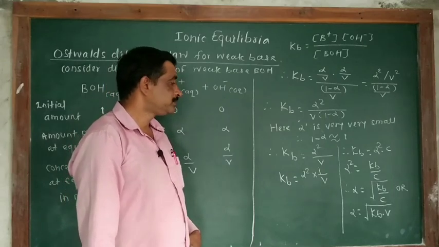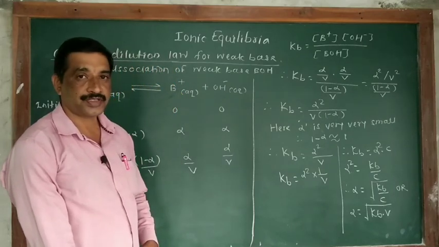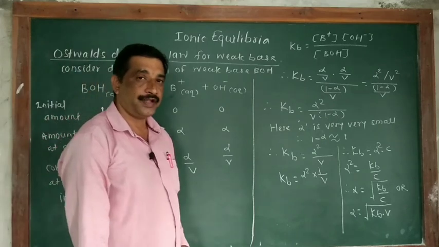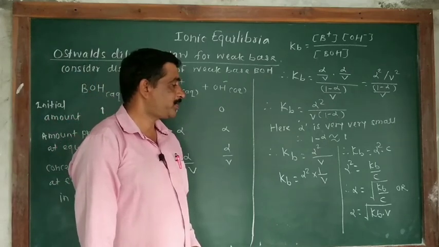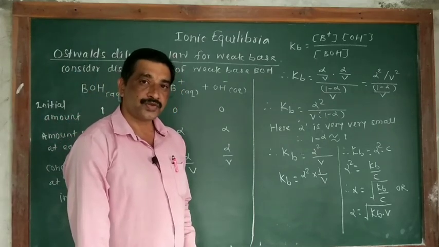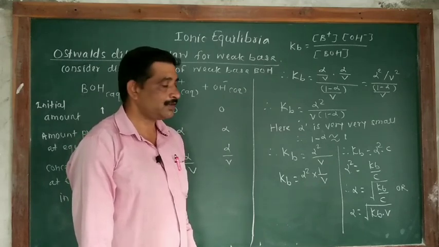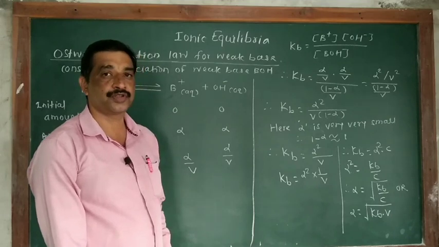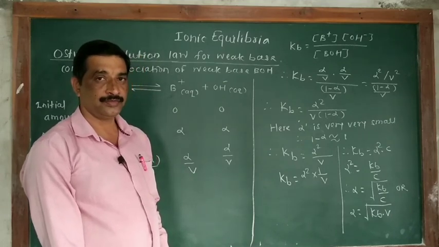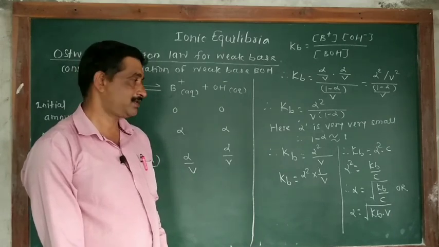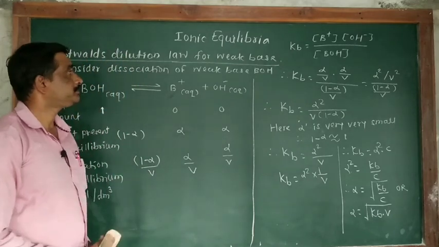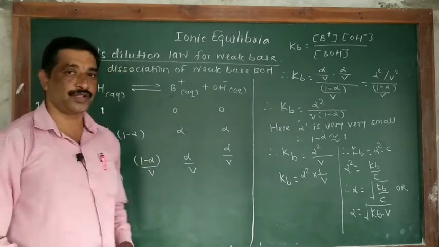In both cases the degree of dissociation is directly proportional to the dissociation constant, directly proportional to the volume of solution, and inversely proportional to the concentration of the weak acid and weak base. So this is Ostwald's dilution law.